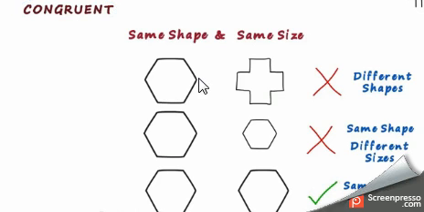Okay, again, this hexagon and this polygon have different shapes so they won't be congruent. This hexagon and this hexagon have the same shape but different sizes so they won't be congruent. Okay, this hexagon and this hexagon have the same shape and the same size so they will be congruent.